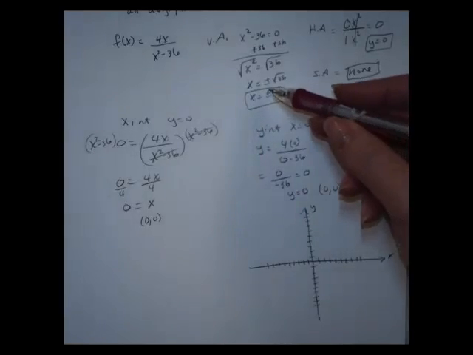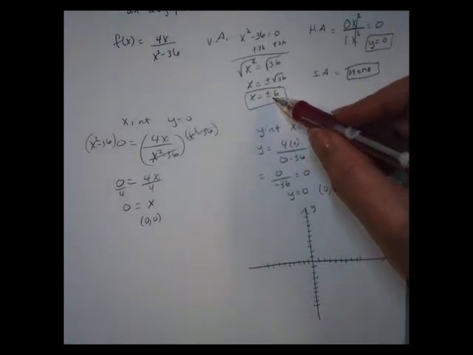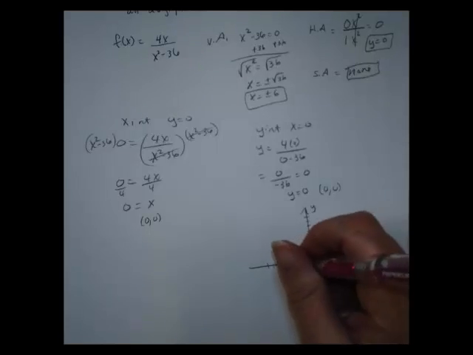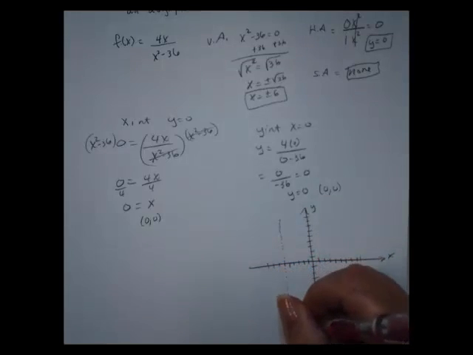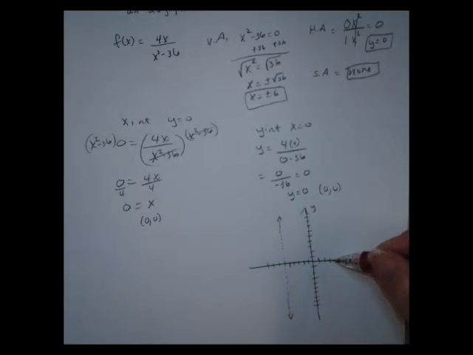All right, so the first thing I'm going to do is put on my asymptotes. So here I have x equal to plus or minus 6. These are not points, so I'm going to do one at 6 and negative 6. So 1, 2, 3, 4, 5, 6. And these are dotted. They don't actually equal these points, but on our graph, this is where our graph won't actually touch.